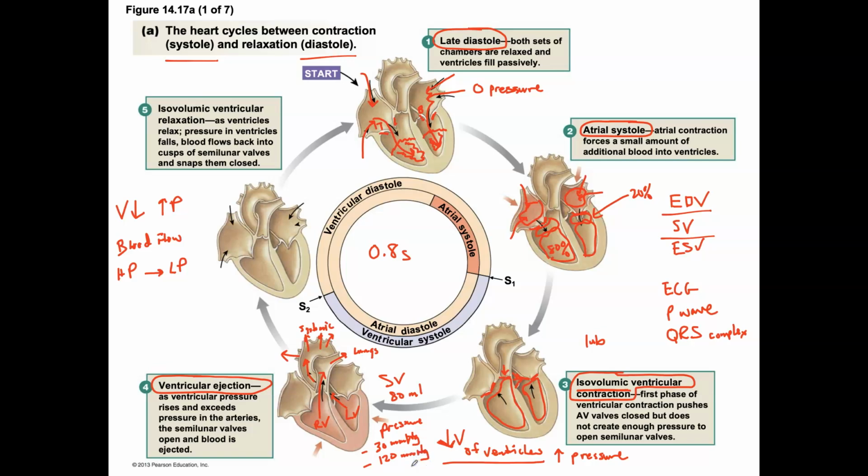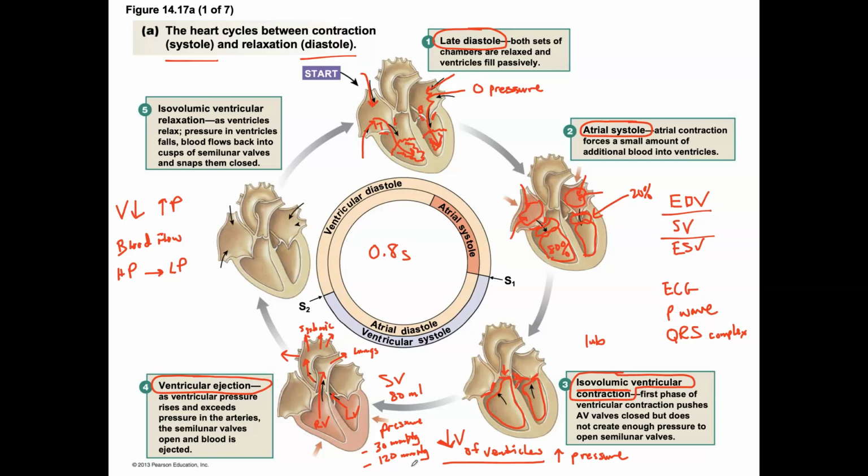So the right and left ventricle pump relatively the same stroke volume, but at different pressures. And that should make sense. We don't want to send too much pressure to our lungs, because that would damage the blood vessels in the lungs. But we need a higher pressure being pumped out to the body so that we can send blood throughout our arms, legs, abdomen, head, etc. So pumping the same volume, but at different pressures.